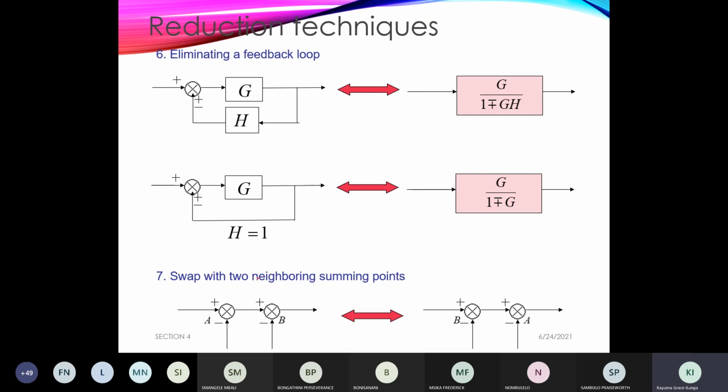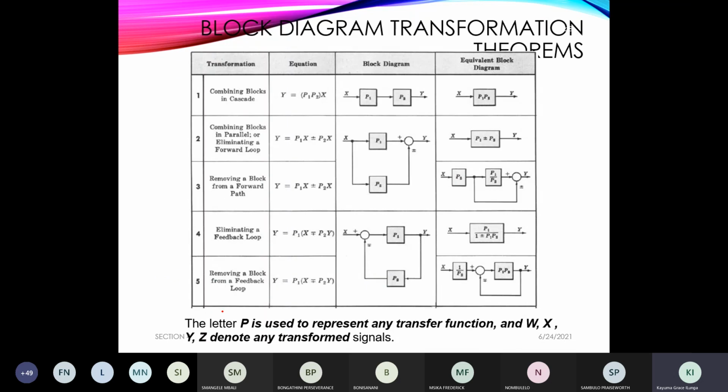And when we want to swap, you swap with the neighboring summing point. This is how you can do it. And these are the theorems used for transformation of the block diagram.